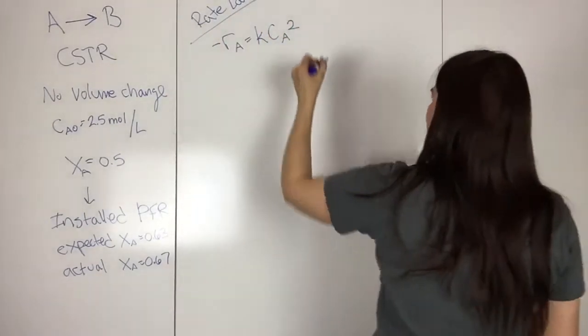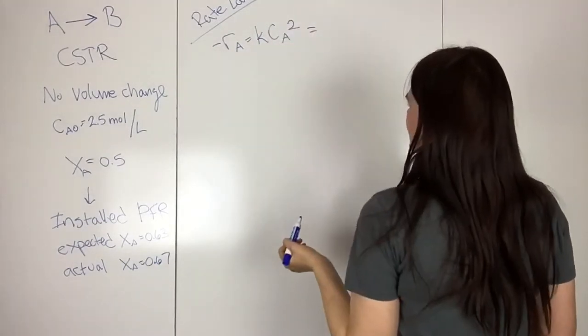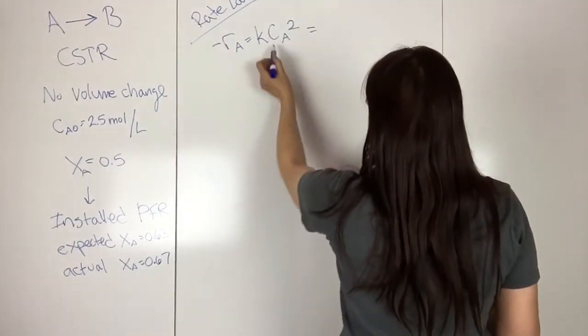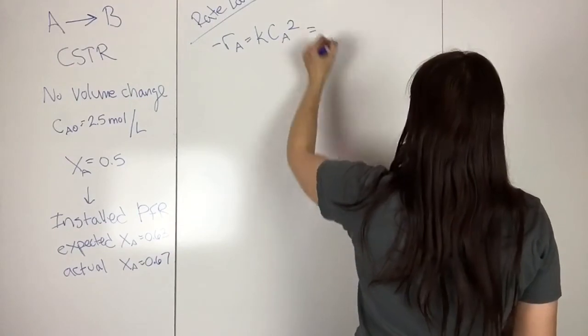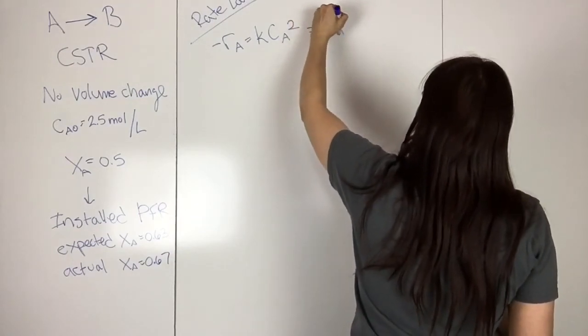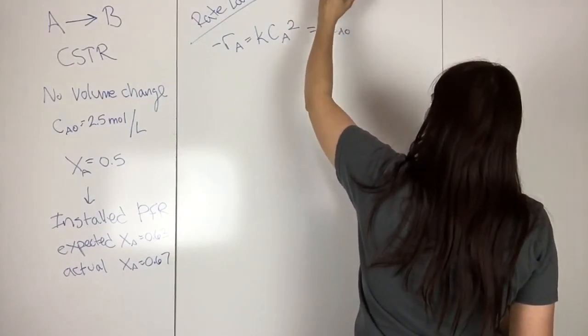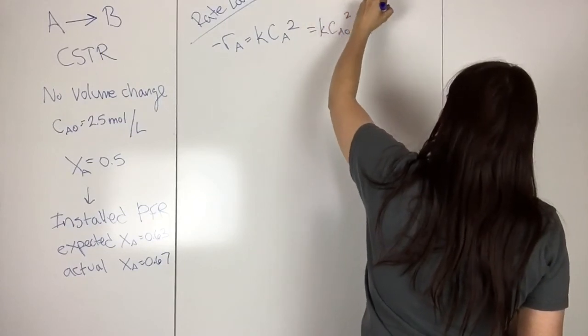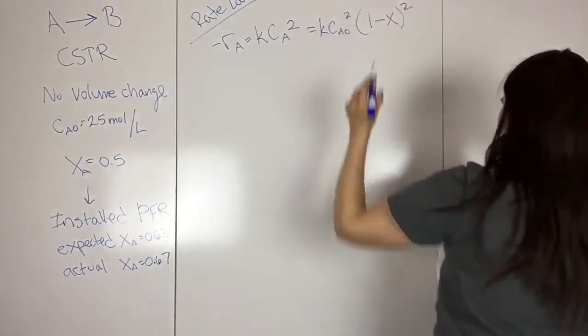Then we can go ahead and do the stoichiometry real quick. In this case it would just be K CA naught squared times 1 minus x squared.